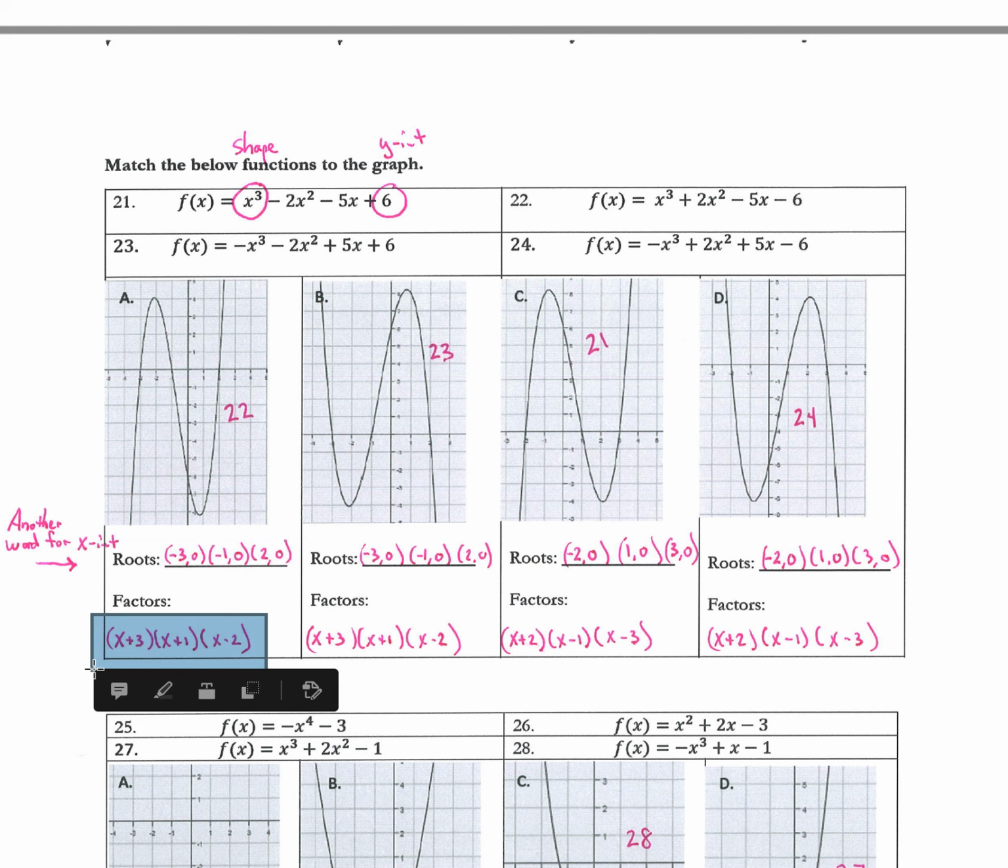Remember, if 2 forces the function to be 0, then x minus 2 must be a factor. If -1, 0 is an x-intercept, then x plus 1 must be a factor. If -3, 0 is a root, then x plus 3 must be a factor, because if -3 makes it 0, x plus 3 must be multiplied in that polynomial.